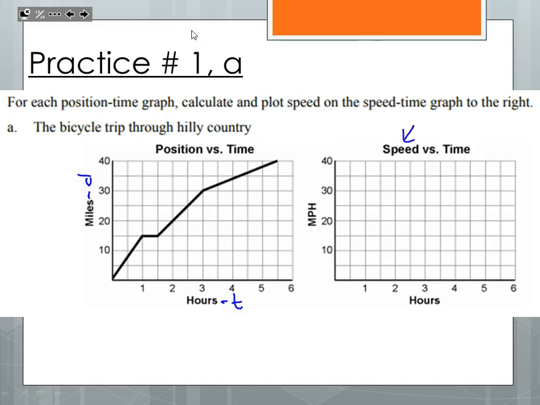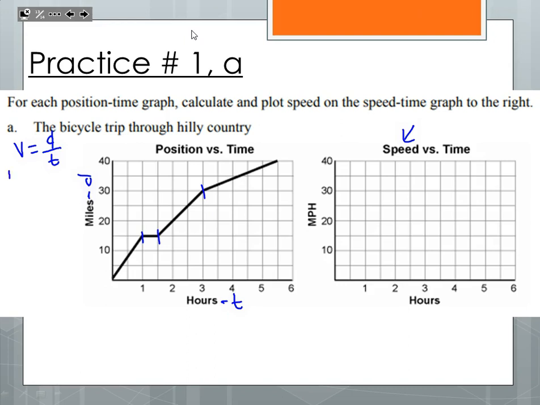Seeing as we're going to graph speed, I know that I'm going to use speed equals d over t. And I have 1, 2, 3 different types of speeding that this bicycle did through the hilly country. And we can tell that over the distance, we're not finding the distance that they traveled, we're just trying to look for the speed.